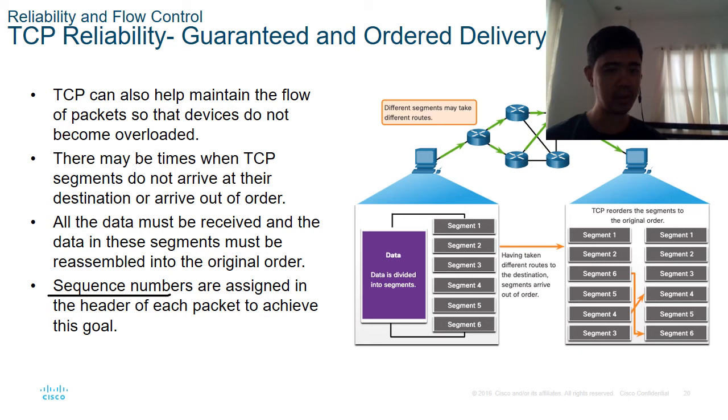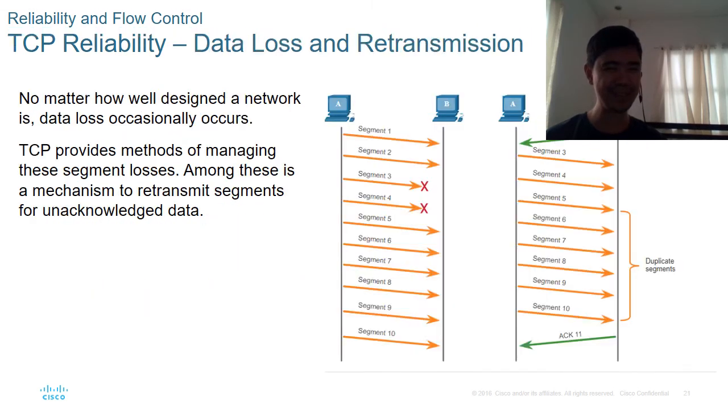And if a part of the segments is lost, the mechanism is to retransmit the unacknowledged part of the segments, or data.